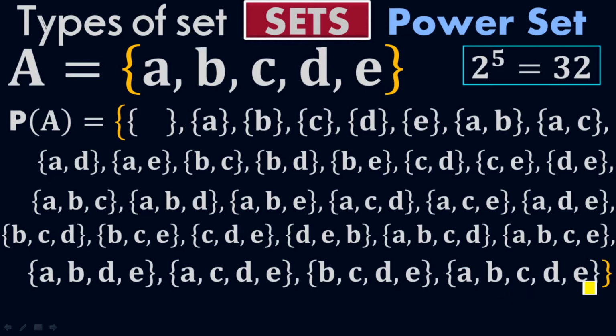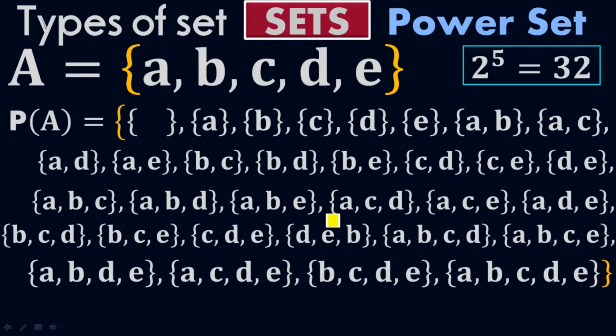So let's count whether I have 32 subsets or not. Let me check. 1, 2, 3, up to 32.